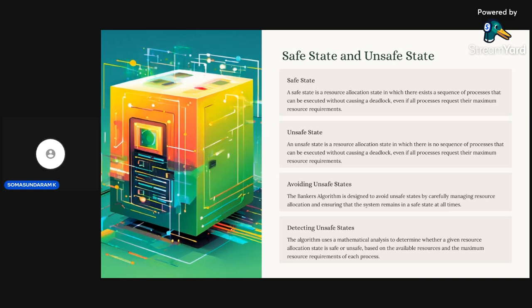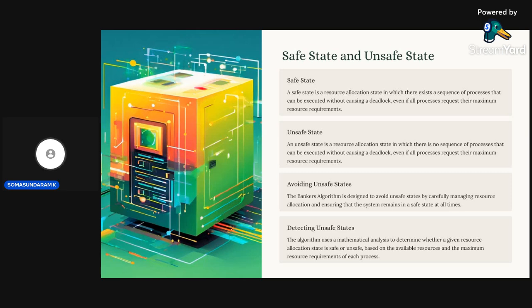An unsafe state is a resource allocation state in which there is no sequence of processes that can be executed without causing a deadlock, even if all processes request their maximum resource requirements. Avoiding unsafe state: the Banker's algorithm is designed to avoid unsafe states by carefully managing resource allocation and ensuring that the system remains in a safe state at all times.